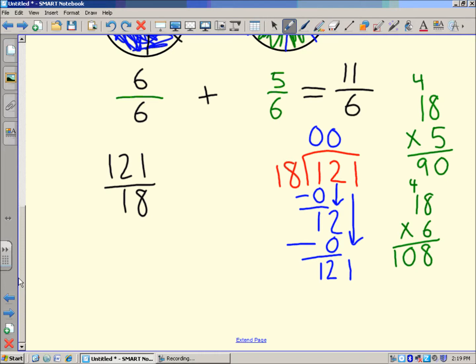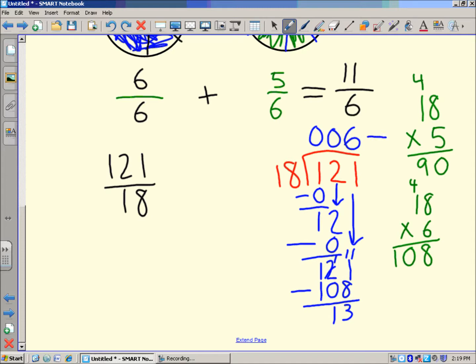So now we've got 18 times 6. So 6 times 18 equals 108. Subtract, you get, let's see, 1 minus 8, you can't really do without getting a negative number, so let's do this. We'll borrow, that becomes 1, that becomes 11, 11 minus 8, 3, 1 minus 0 is 1, and 1 minus 1 is 0, so we're left with 13 as a remainder.